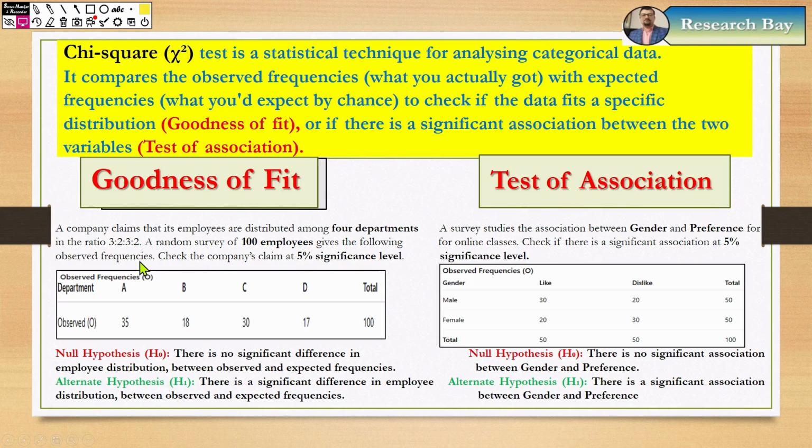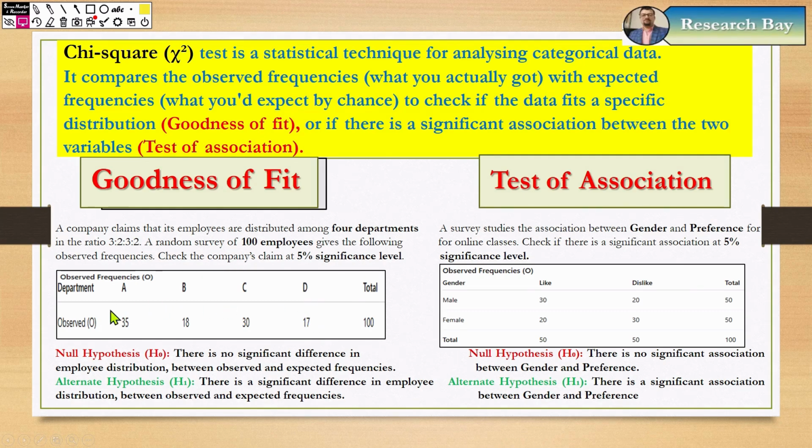In case you get this type of question, you usually get the observed frequencies table, wherein you can check what the observed frequencies were out of the survey which was conducted. So the survey was conducted on 100 employees. You see the total is 100. And how many people were found in each department? In department A 35, B 18, C 30, and D 17. So this was the distribution of employees.